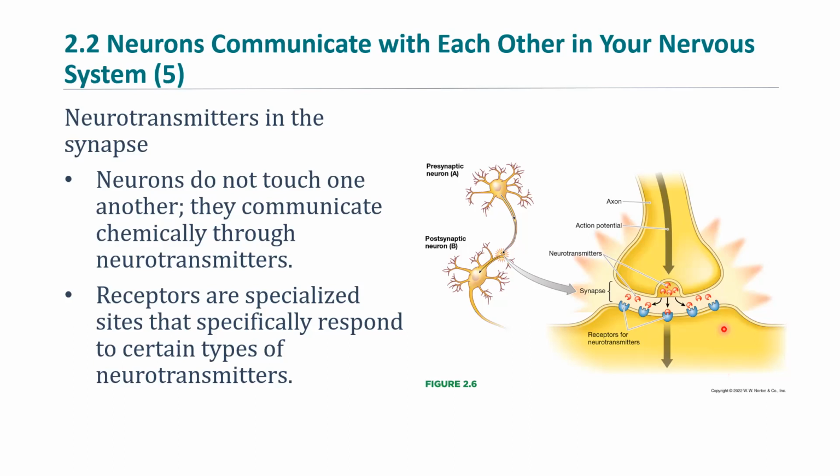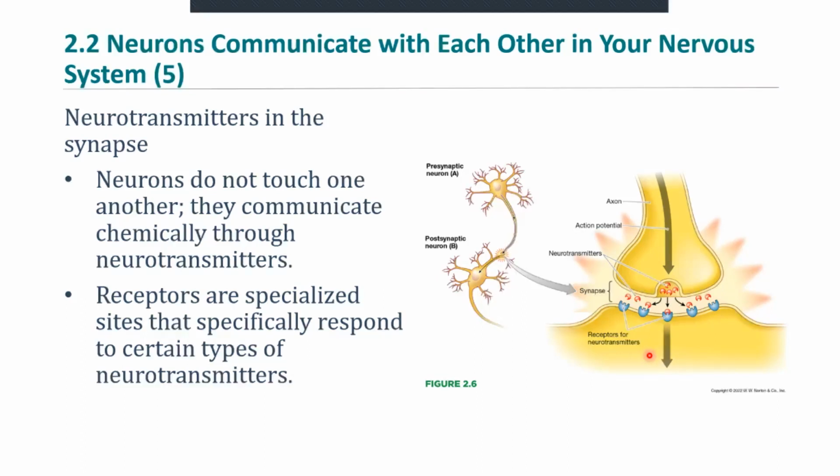These receptors are specialized sites that respond to certain types of neurotransmitters, and not others. So maybe these receptors, for instance, only respond to dopamine. And if serotonin happens to be flowing through here, it's not going to trigger them.